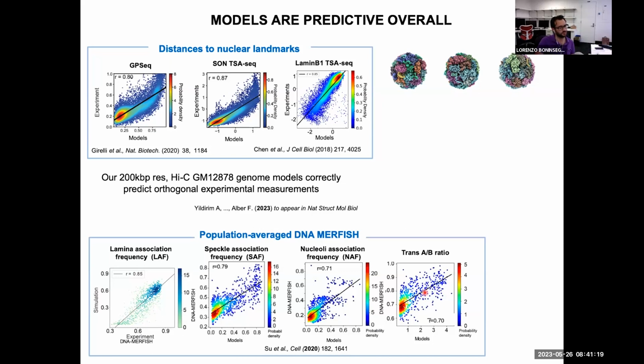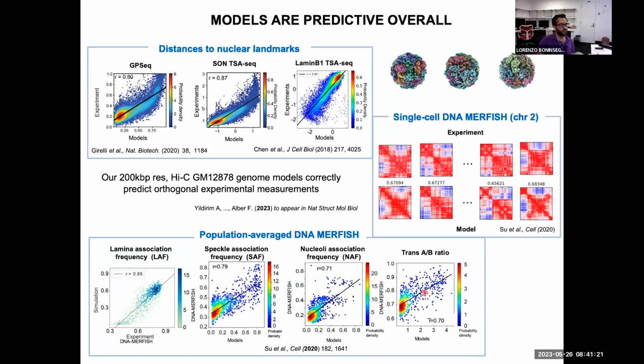very good correlation on a genome-wide level, we also saw that the chromosomal structures here for chromosome 2 that we get out of our simulation pipeline show the same structural variability that you can appreciate in experiment.